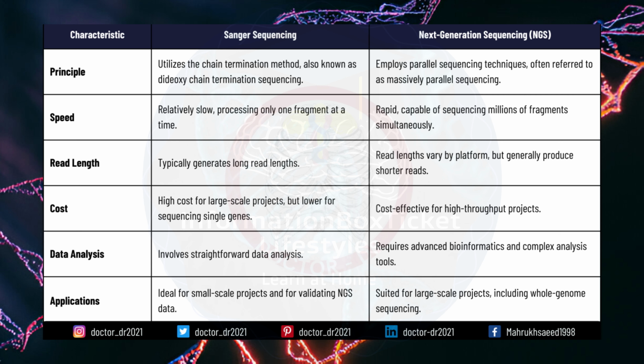For data analysis, Sanger sequencing involves straightforward processes, while NGS requires advanced bioinformatics and complex analysis tools. Finally, Sanger sequencing is ideal for small-scale projects and validating NGS data. NGS, however, is suited for large-scale projects, including whole genome sequencing.